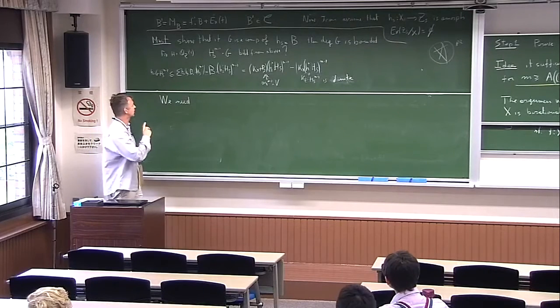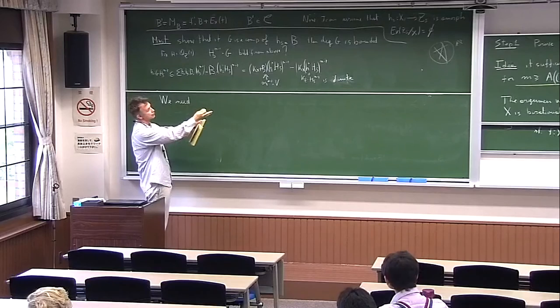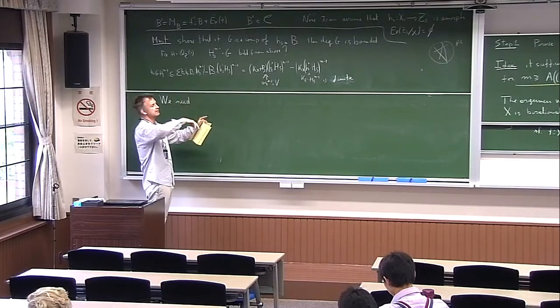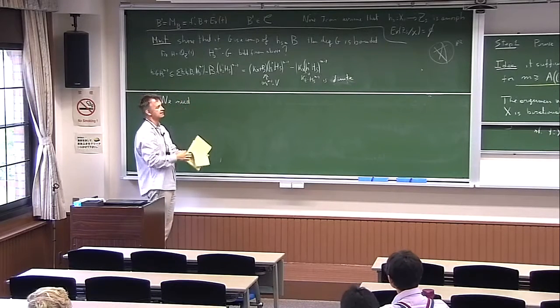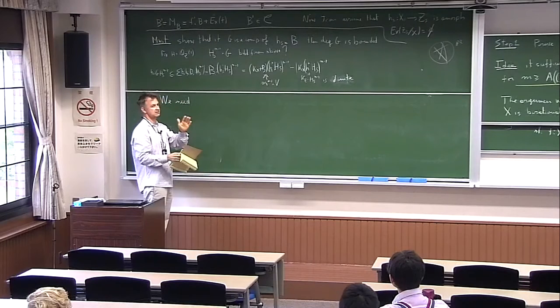Okay. So remember in the proof, what we had to do was we produced some non-Kawamata log terminal center, and then we had to cut down its dimension.